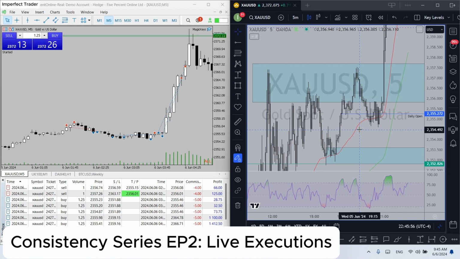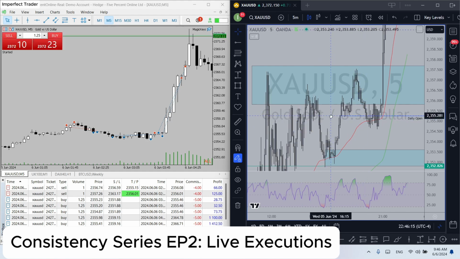For that reason, if I see a counter trend trade and I take it, which is more risky, then obviously I will decrease my sizing and size a little bit smaller.